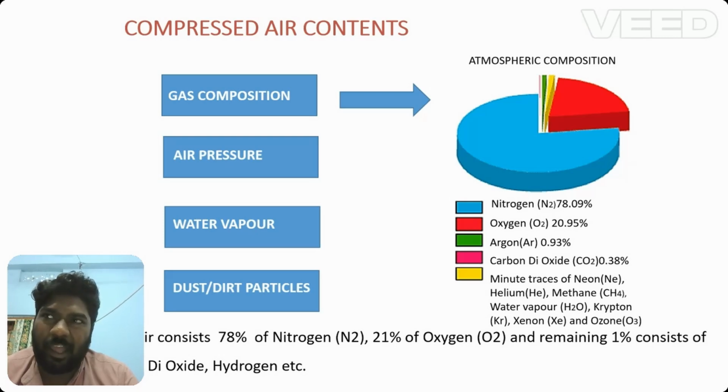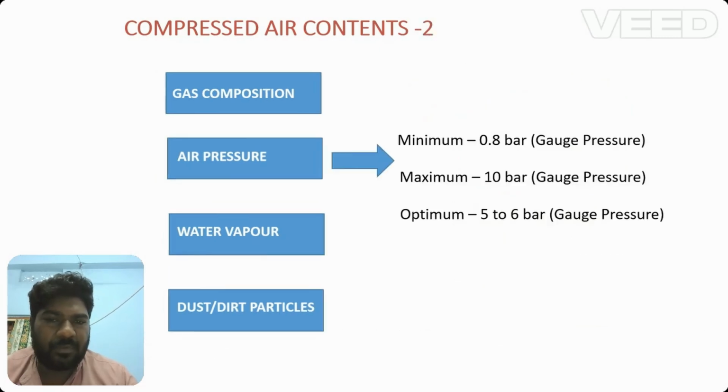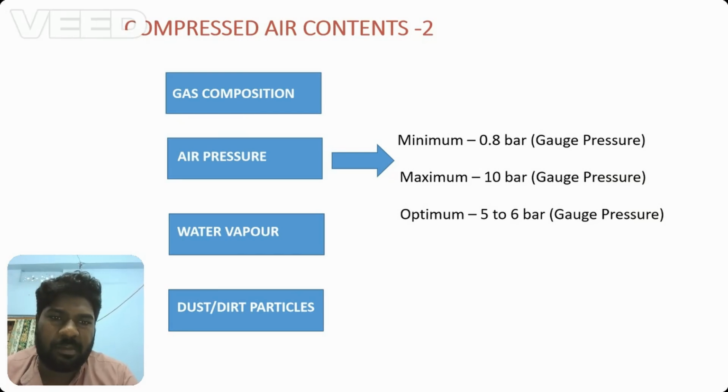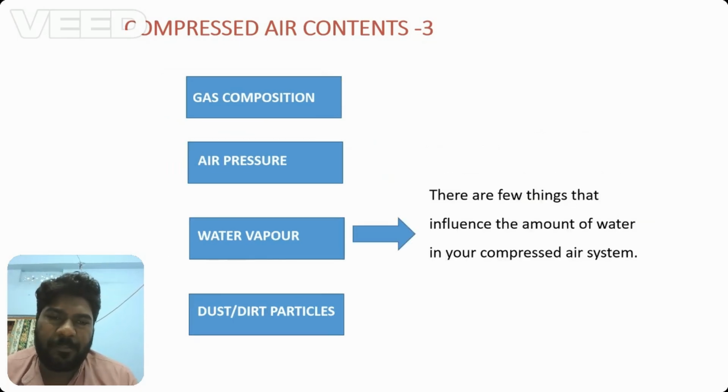Carbon dioxide we have 0.4 percentage, and remaining all are xenon, neon, methane, ethane, krypton, all other gases. And coming to air pressure, minimum pressure or atmospheric pressure we can call as 8 bar. Maximum pressure, which is used in general in industries, is 10 bar, and optimum pressure, where most of the applications run, is 5 to 6 bar. And we have water vapor.